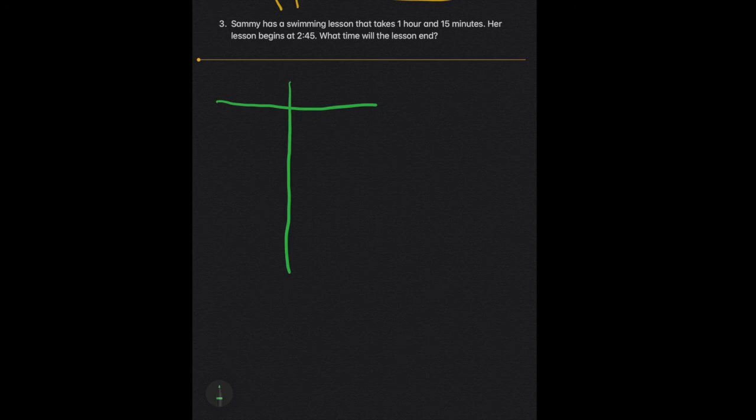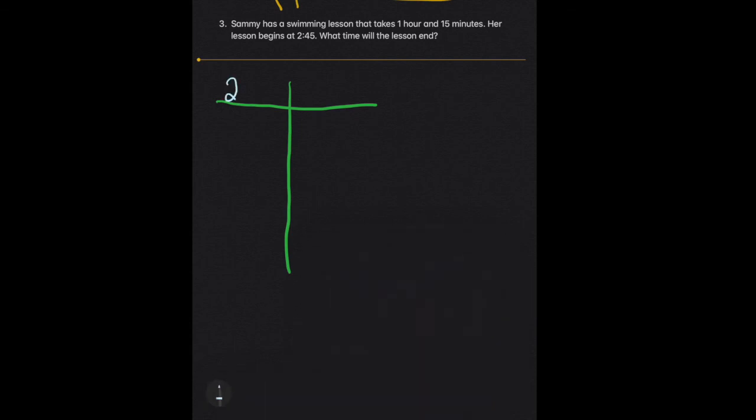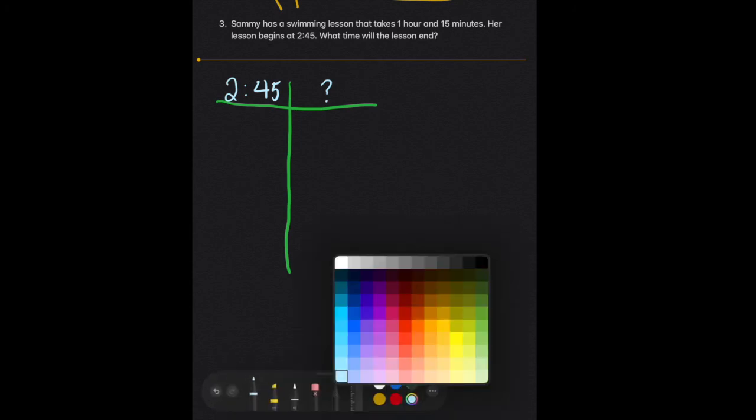So here we have the start time we can write down, but we don't know the end time, so I'm going to put a question mark. So if our start time is 2:45, we can still use our T-chart to figure out the end time. We just won't be looking for the difference.